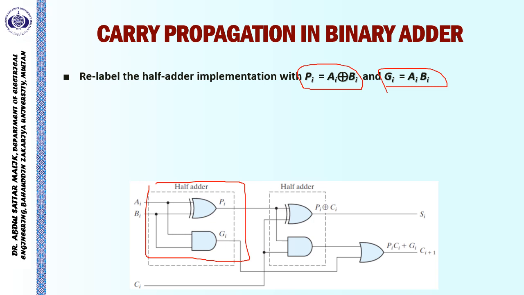Now we can very easily see that Ai and Bi are made available as soon as the input numbers are applied.